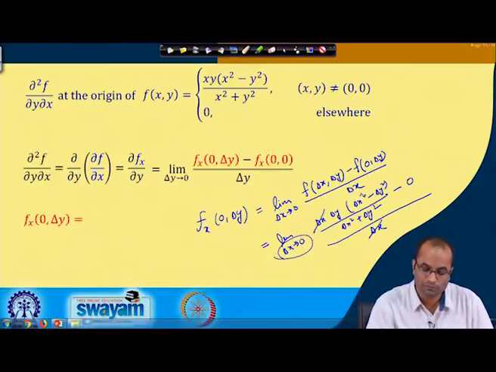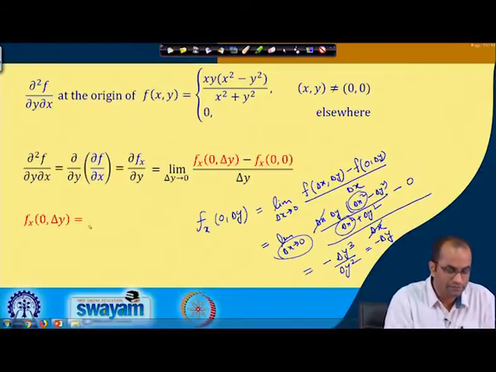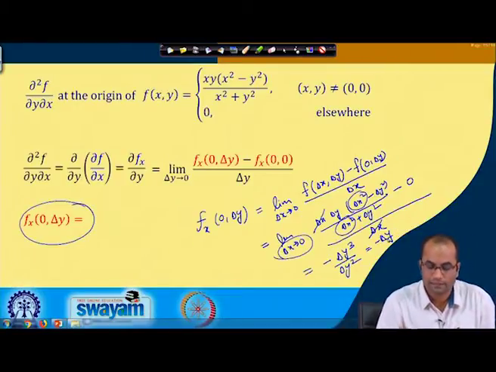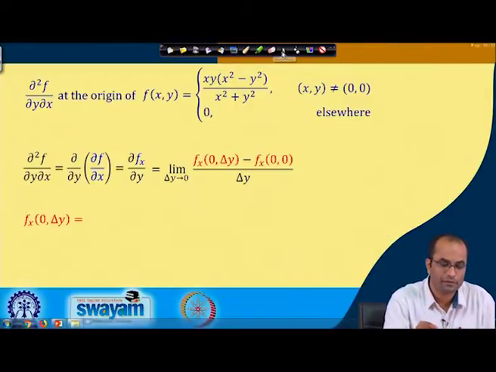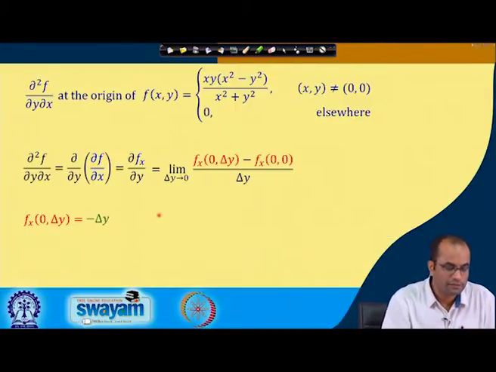So, this term will go to 0 and this term will go to 0, and we will get here minus delta y cube over delta y square, which will be minus delta y. So, now this derivative here is minus delta y, minus delta y, and then f_x at (0, 0).